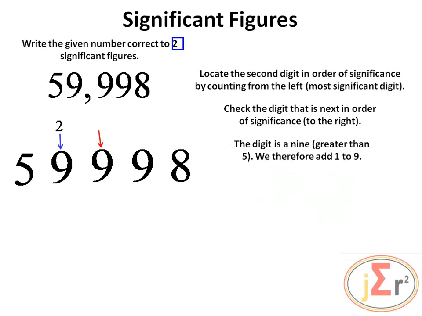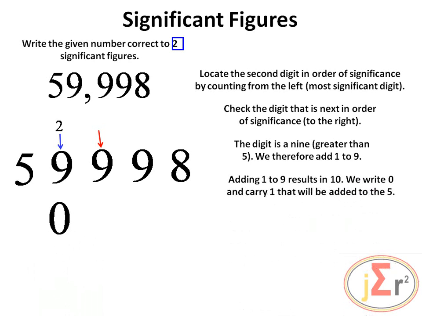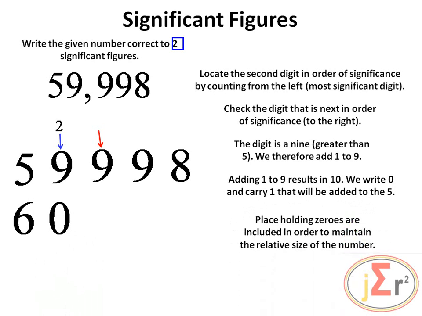The digit is a 9, which is greater than 5. We therefore add 1 to 9. So we are going to have our same situation. Adding 1 to 9 results in 10. We write 0 and carry 1. That will be added to the 5. And then placeholding zeros are included in order to maintain the relative size of the number.